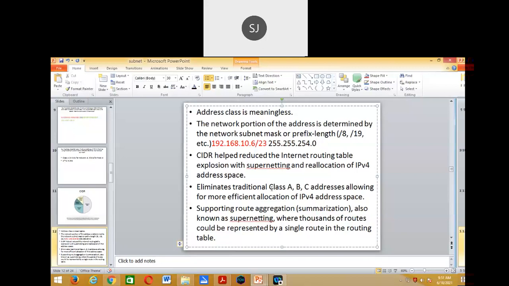Just as in subnetting a big network is broken down into smaller networks, supernetting is the reverse process. Smaller networks we club together to make a bigger block of network. That is also called aggregation of networks.